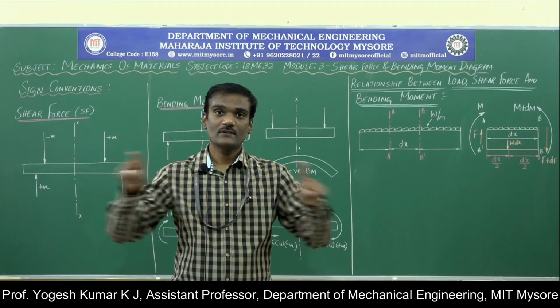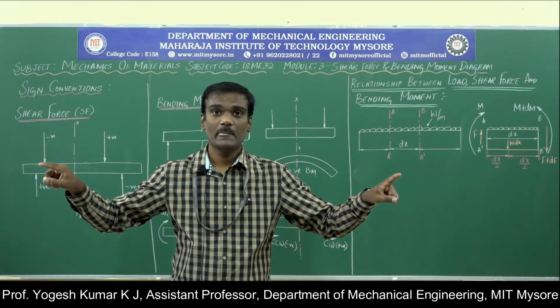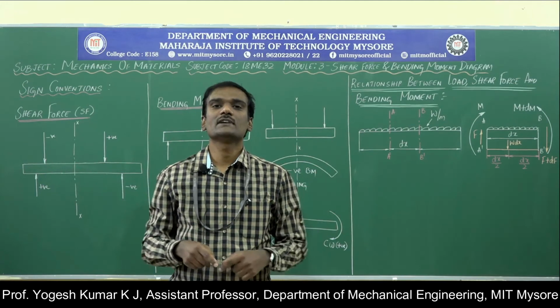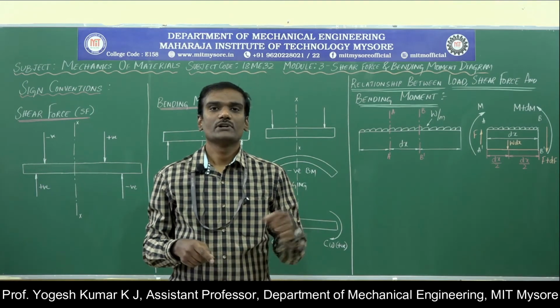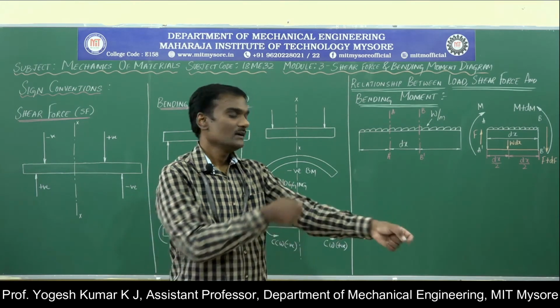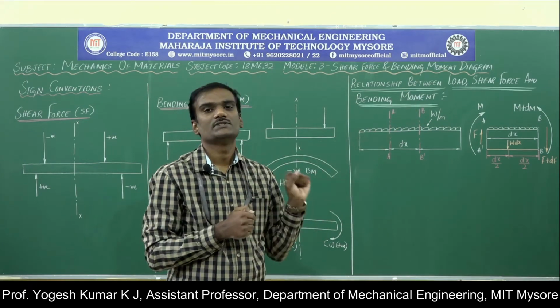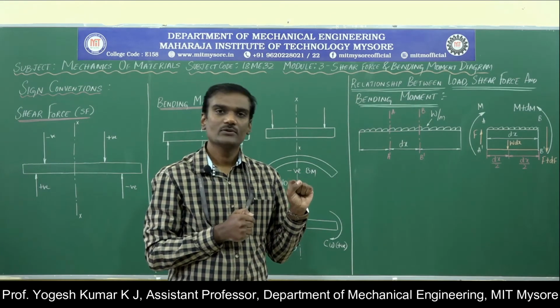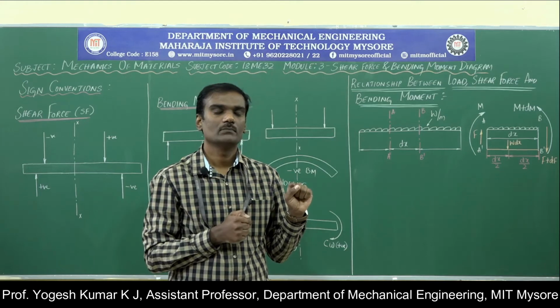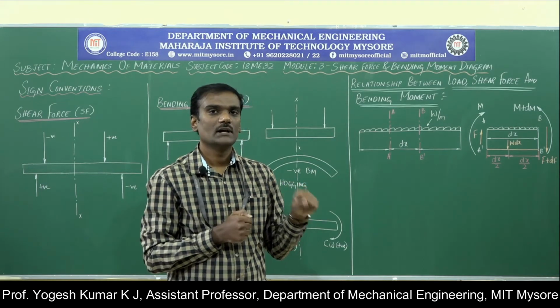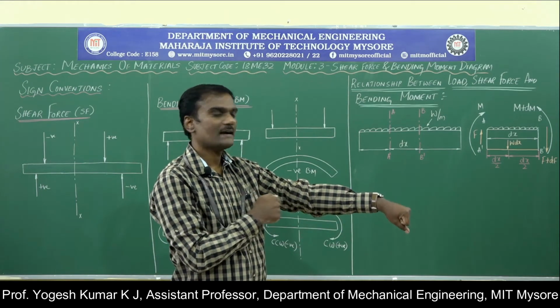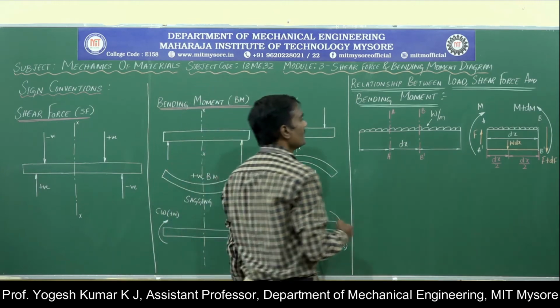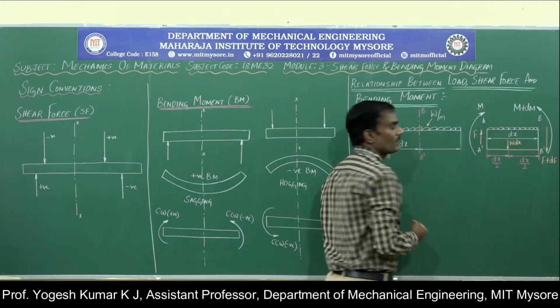Now, the UDL was acting over the entire span length of the beam. Where will this W into dx be acting on the beam? It will be acting at the CG. For a uniformly distributed load, the resultant acts exactly at the mid span of the beam.